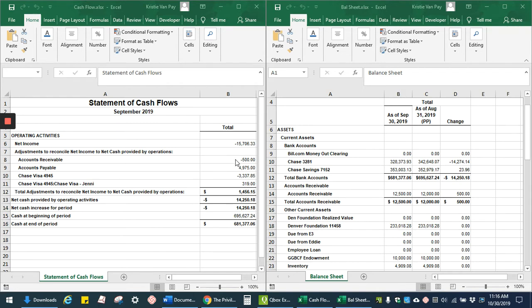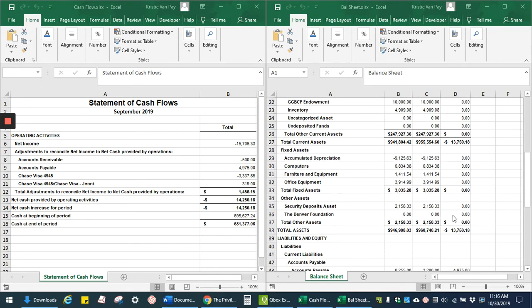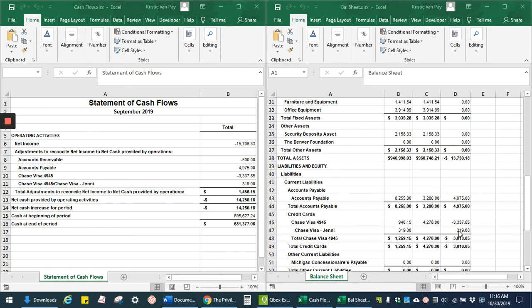So you'll see over here on the cash flow statement that it's a negative because it's taking $500 away from the cash because it hasn't hit your bank account yet. Then if we scroll down a little more, we see a lot of zeros in this column. So those things don't get reported because there was no change in those things. And that might be like your assets and things. If you didn't purchase any new computers or equipment or anything like that, there won't be any change. So that's not going to show up on the cash flow statement.